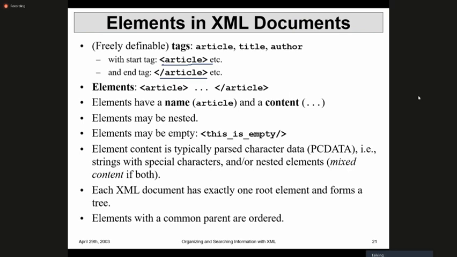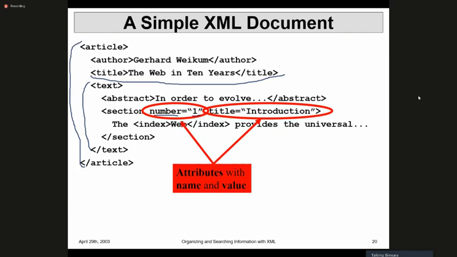Elements have a name and content, right? So basically, this is the name of the element. This is the name of the element, this is the name of the element, this is the name of the element, right? So what are the contents of these elements, right?